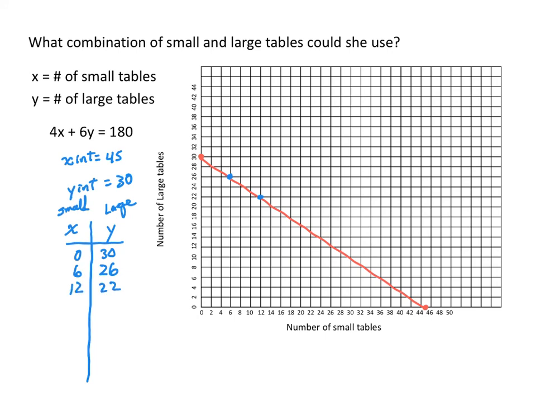Well, I'm finding a pattern. And I think this point would be on that line, which I think would be 18 and 18. Okay, look what's happening here. On my x side, when I find all these points, it looks like I'm going up by 6 every time. So I think the next one's going to be 24, then 30, and 6 more would be 36, and 6 more would be 42.